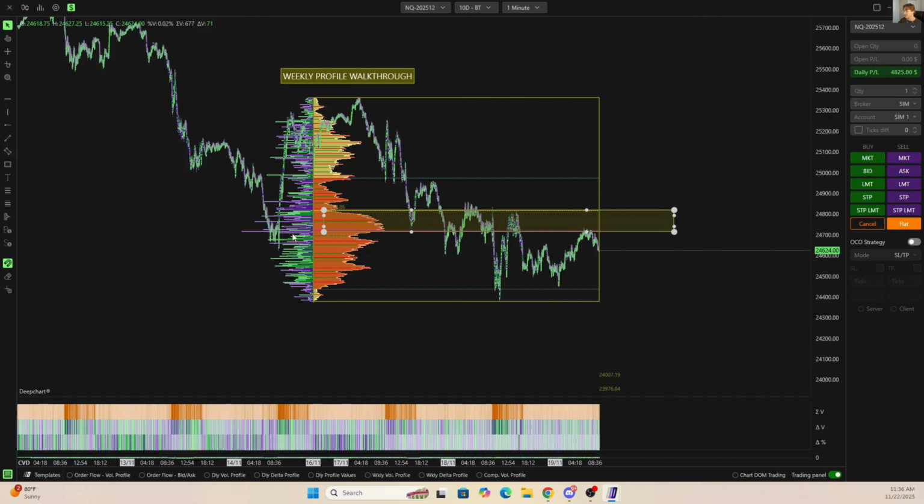This is an interesting level. We know buyers and sellers fought it out here. If we're not able to break back above it, we could target this value area low. If we do break above it, it would make sense that we come up to this value area high. So let's draw out this level.